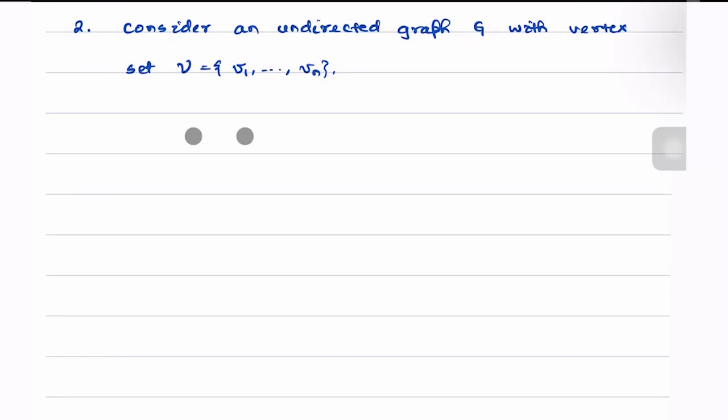Let us consider a set of two vertices shown here. Suppose this is what G consists of, just two vertices. The number of vertices here is equal to 2.